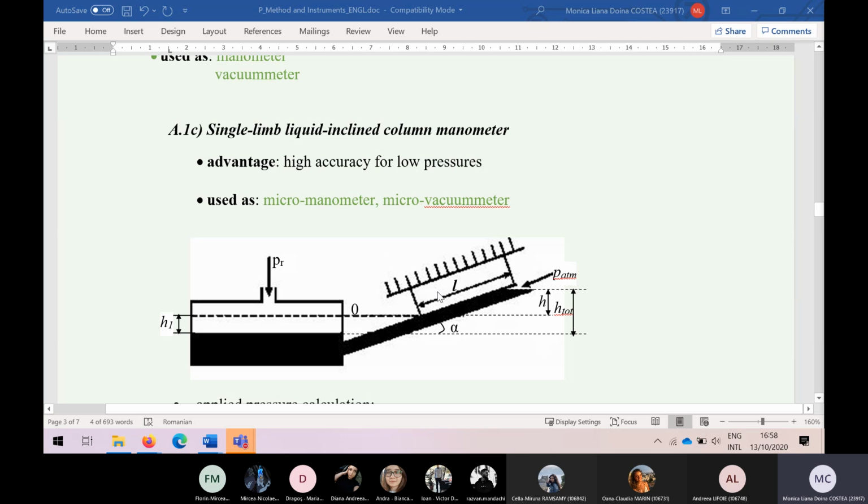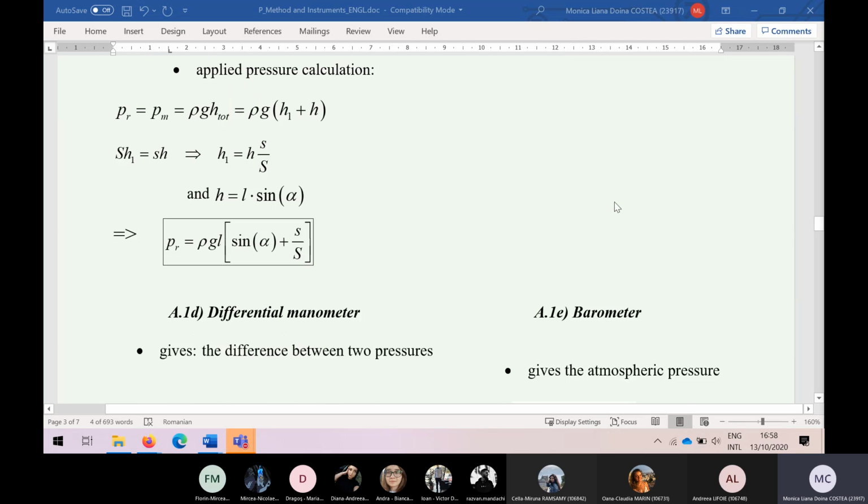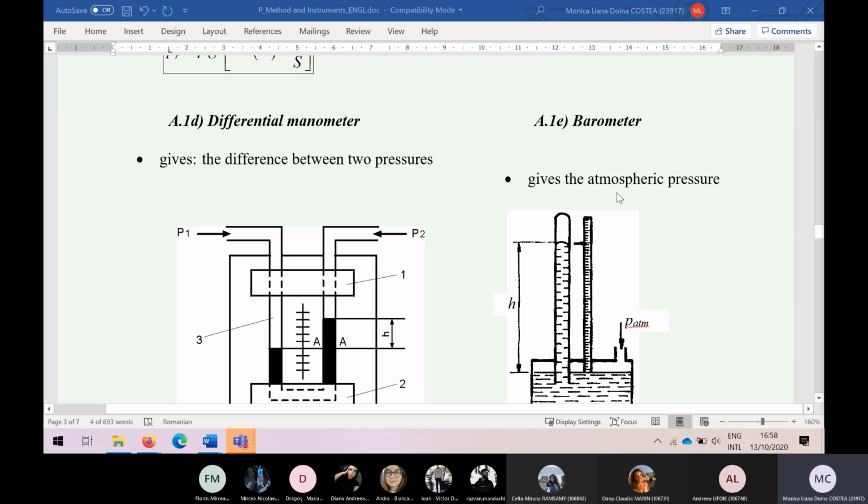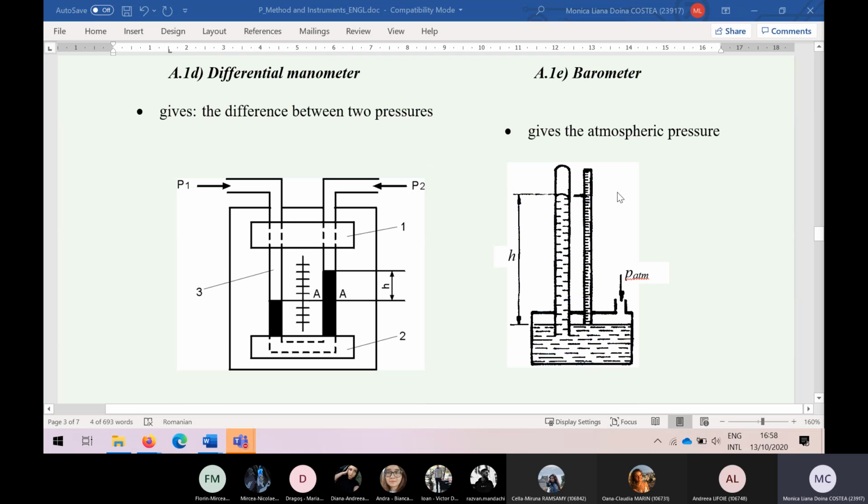It is not necessary to say, we mentioned in the beginning, the order of magnitude is around 0 to 50, 60 millimeter water column. And to finish the discussion, the two last instruments are the differential manometer. It's actually a U-tube manometer, which receives information at both branches.